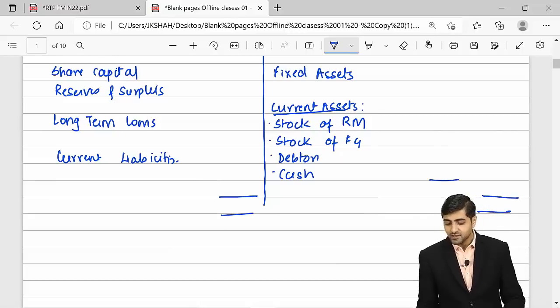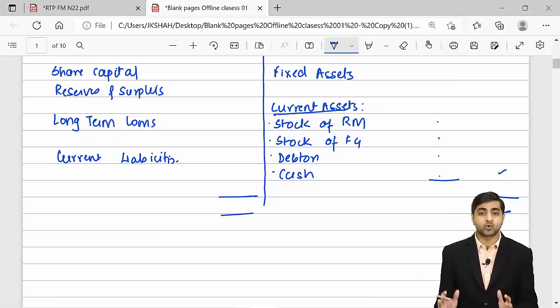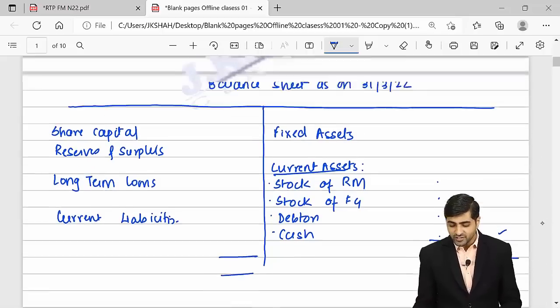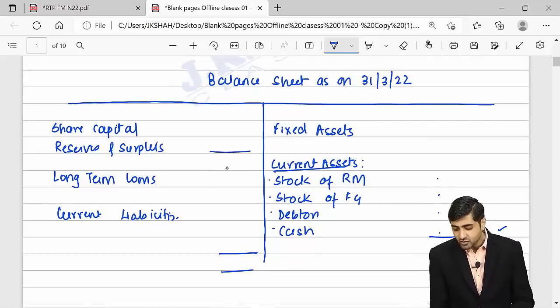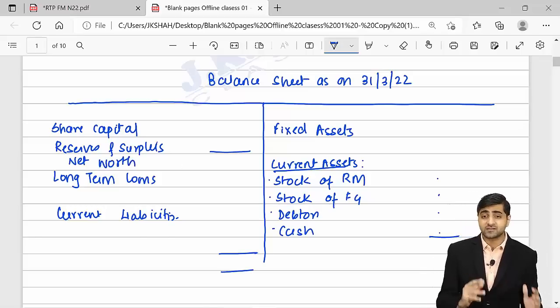So guys, we can write down the current asset individual items here, and in totality we can write down the figure here, and then your fixed assets plus current assets will give you your total assets. Also you must be aware that your share capital plus reserves and surplus is also called your net worth, or these are also known as your equity shareholders funds.